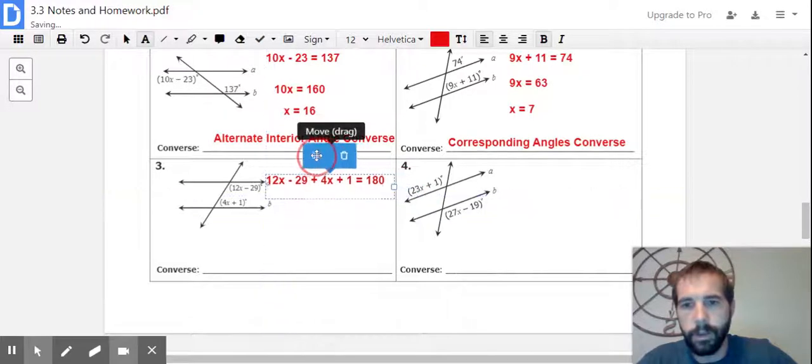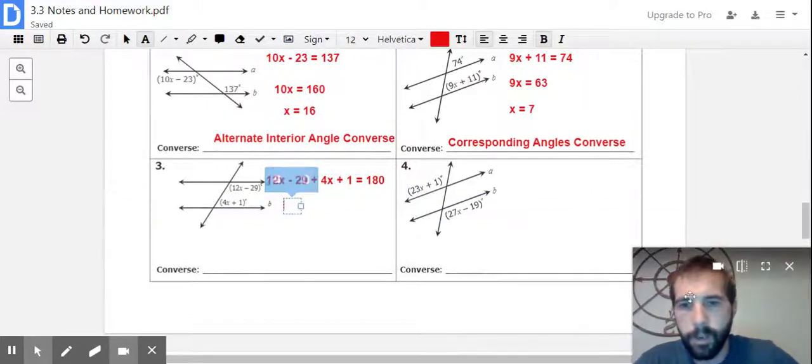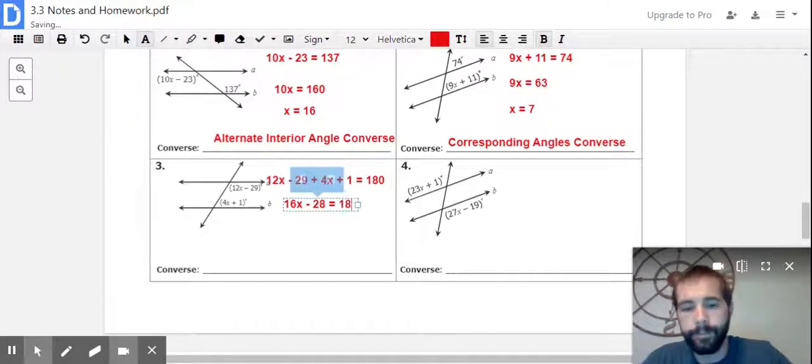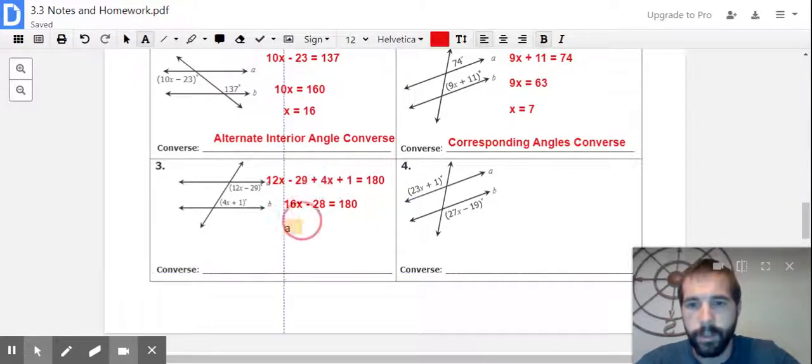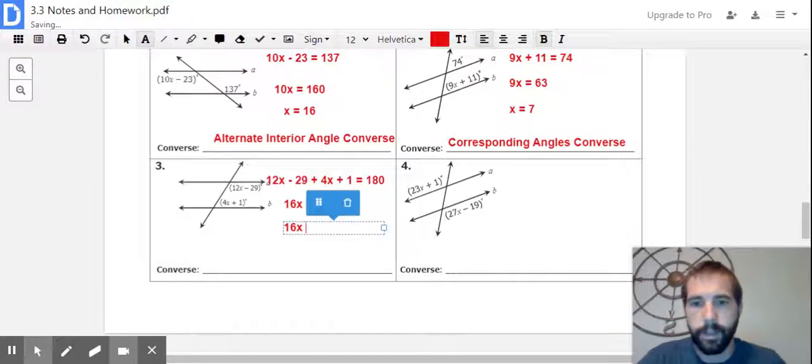All right, so the first thing we would do with this equation is combine like terms. When we combine like terms, 12x and 4x becomes 16x. Negative 29 and positive 1 becomes negative 28. And that's equal to 180. And we're going to add 28 to both sides. We get 16x equals 208.